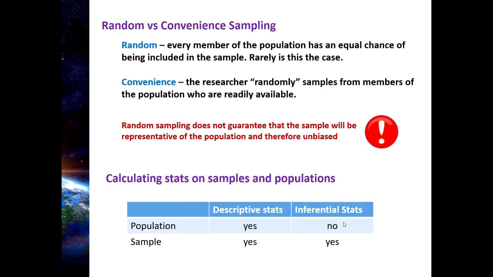Well, go back again to the definition. Inferential statistics are run on sample data. They're not run on population data. The reason why they're not run on population data is if we had access to the entire population, we already know what's true for the population. We don't have to infer anything.